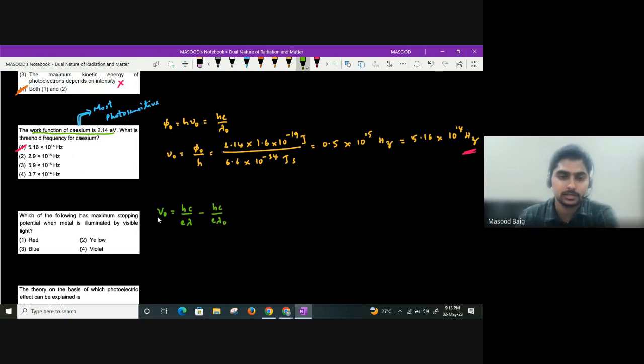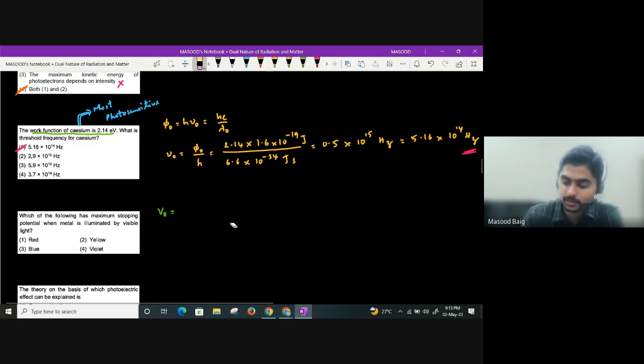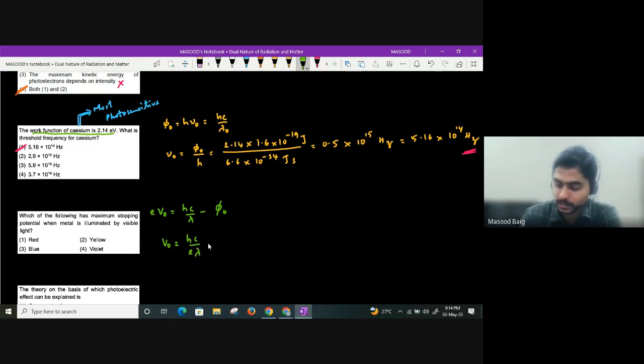As you can see, stopping potential will be inversely proportional to wavelength. EV naught is given as hc by lambda minus hc by lambda naught, or you can simply write phi naught. So stopping potential is hc divided by e lambda minus phi naught divided by e.